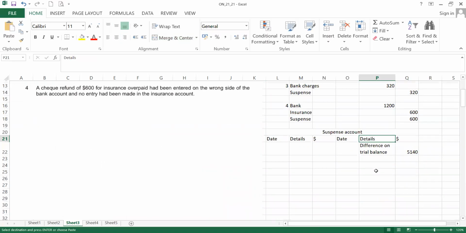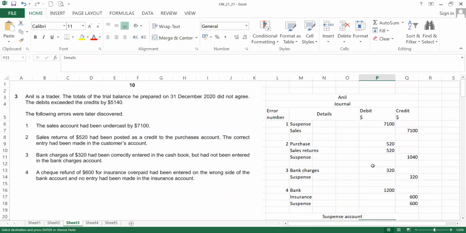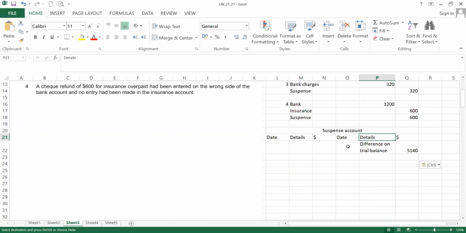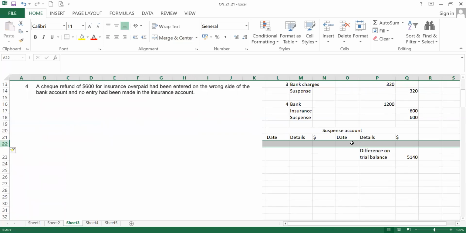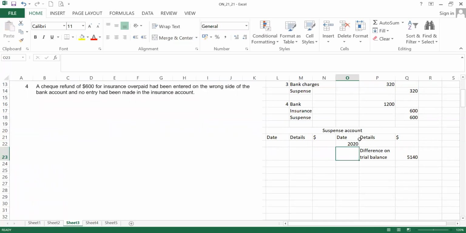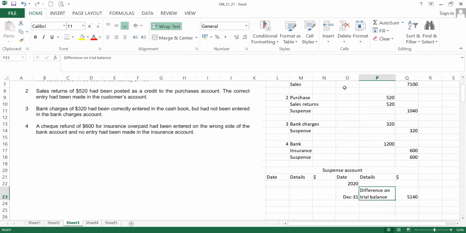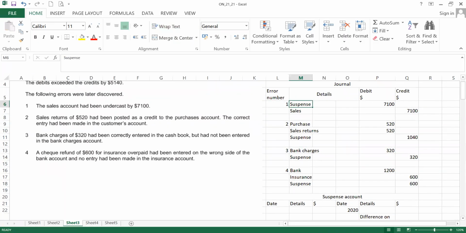Okay, so now let's see what the items are. What is the date? The date is 2020, so we put 2020 December 31st.